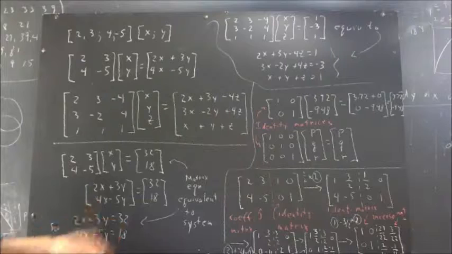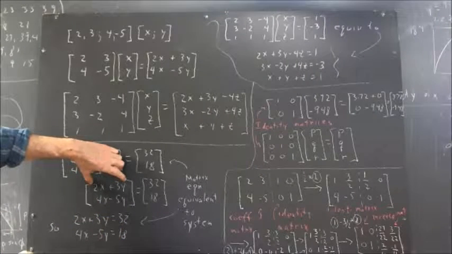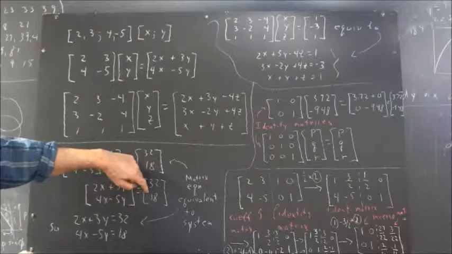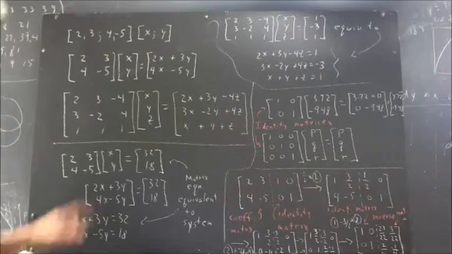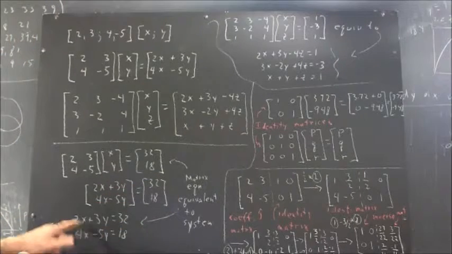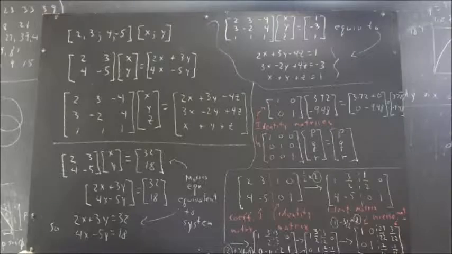Now that can only be so if 2x plus 3y adds up to 32, and 4x minus 5y adds up to 18, so that this matrix equation is equivalent to this system of linear equations.